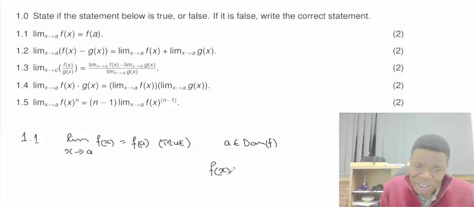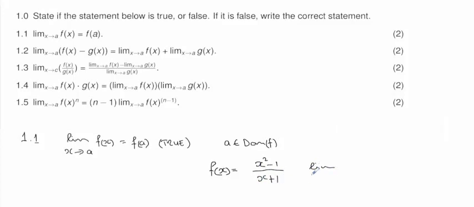Suppose that f of x equals x squared minus 1 over x plus 1, and we're required to calculate the limit as x is approaching minus 1 of this expression.